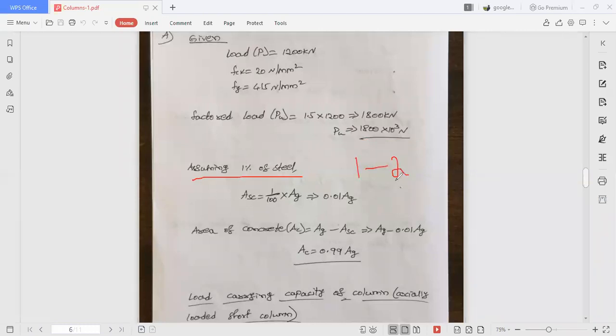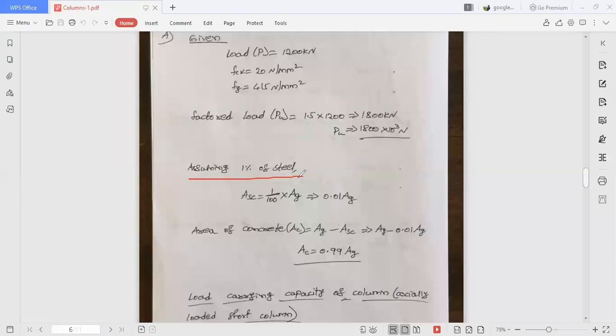If you check in reality, no column is designed for more than 3%. Even though it is heavily loaded, they will increase the size of the column, but not increase the percentage of steel because of cost efficiency. So it is better to design with a lower percentage of steel so that the column construction will be economical.